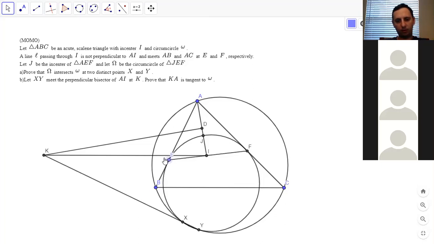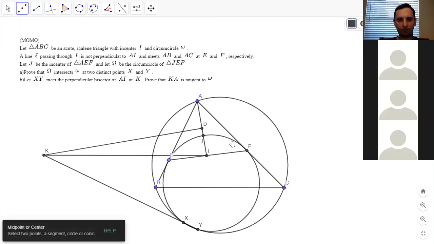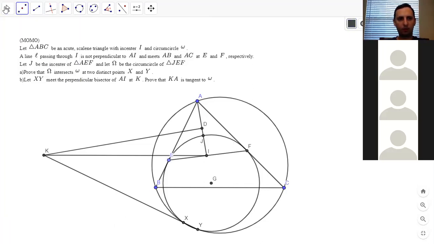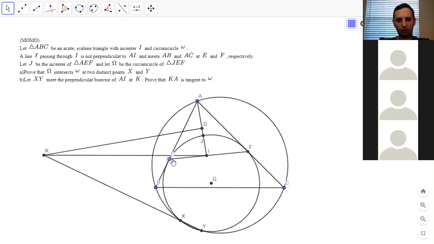Can you draw the center of EJF? So what happens to the center of that circle? I don't know.